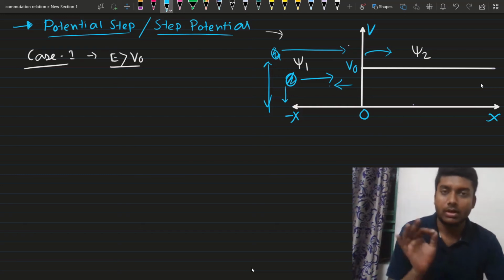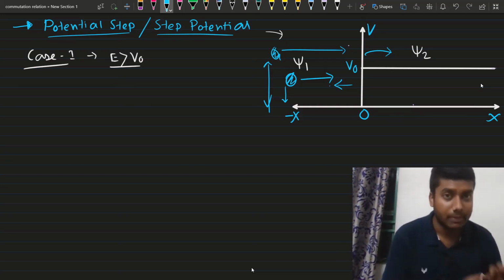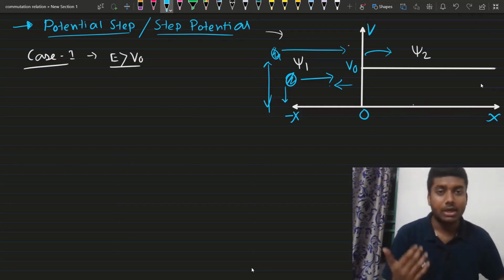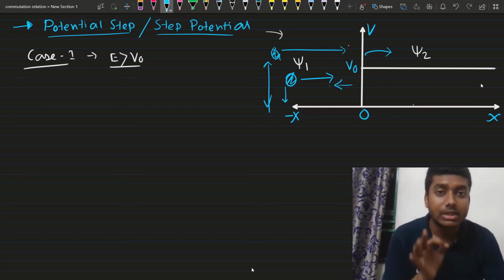This happens in classical mechanics, but in quantum mechanics this will not be happening. So how this will happen, and what the scenarios in quantum mechanics will be, we can easily understand using Schrodinger's wave equation.